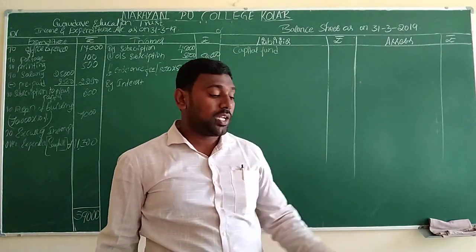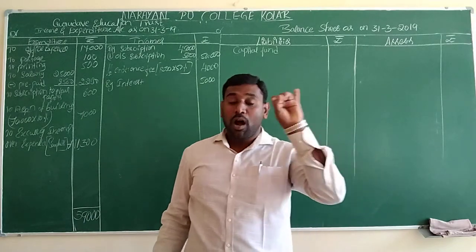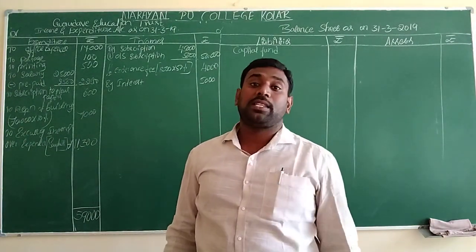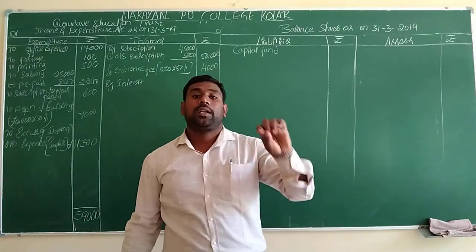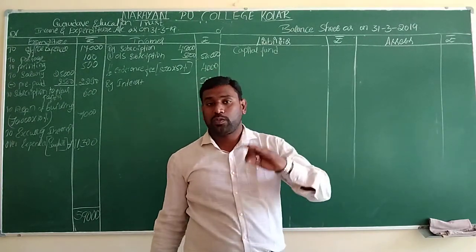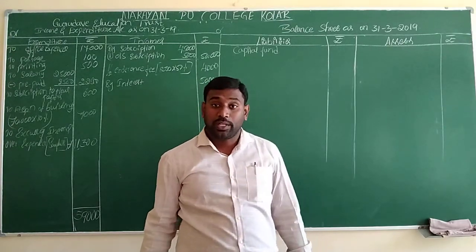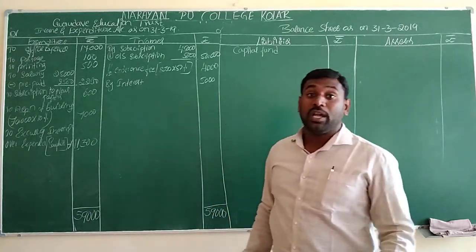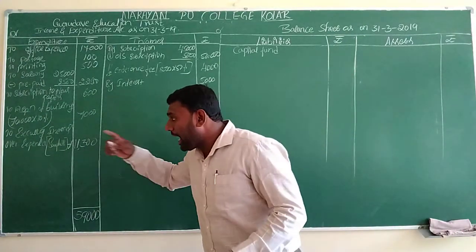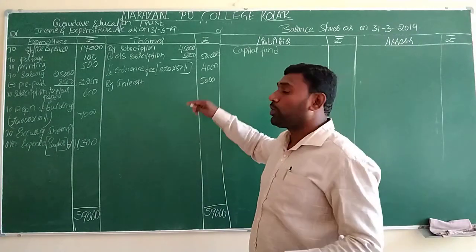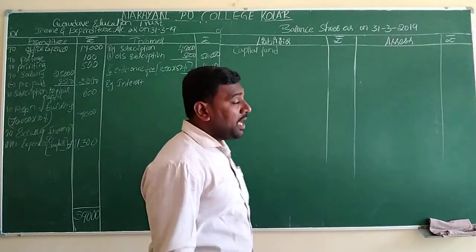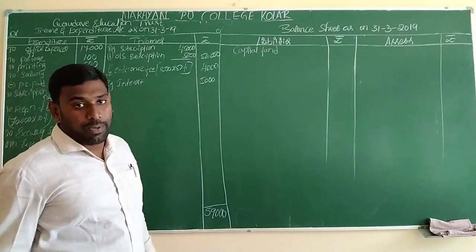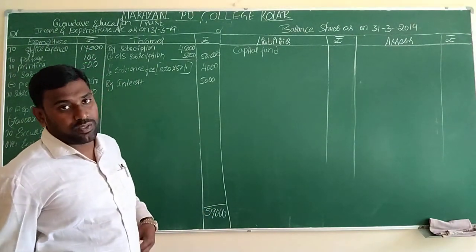First, we add the 50% entrance fee, because it is given in adjustment number 3: capitalize 50% entrance fee and 100% donation. Both values we should add here. Apart from that, if the income and expenditure account gives a surplus we add it, and if a deficit we deduct it from the capital fund. But in this question we get only a surplus, so that surplus we transfer here.